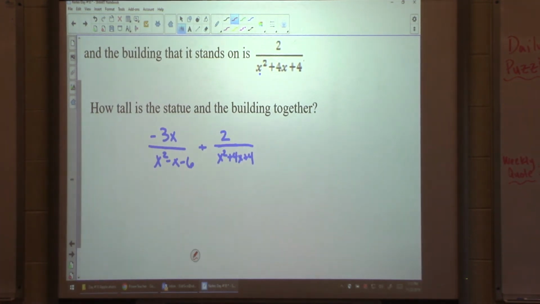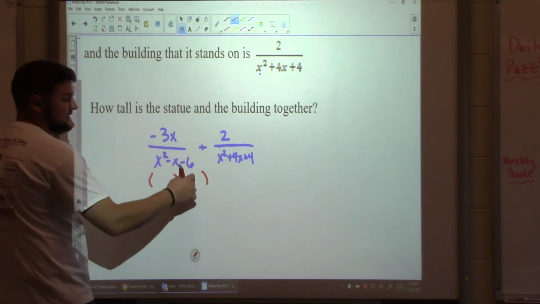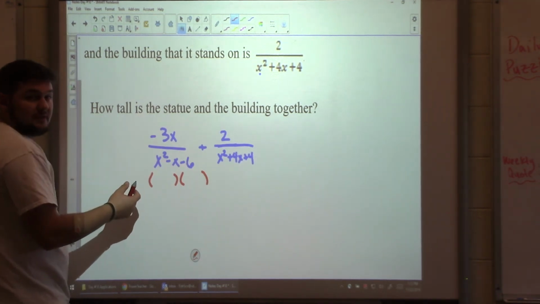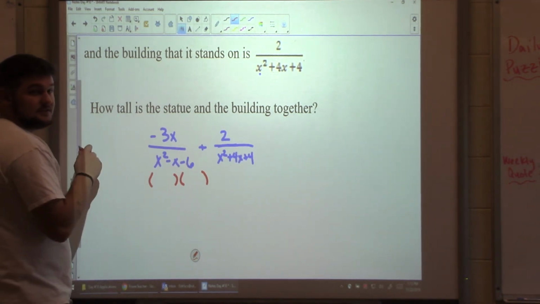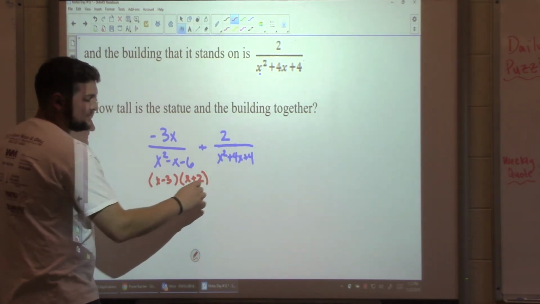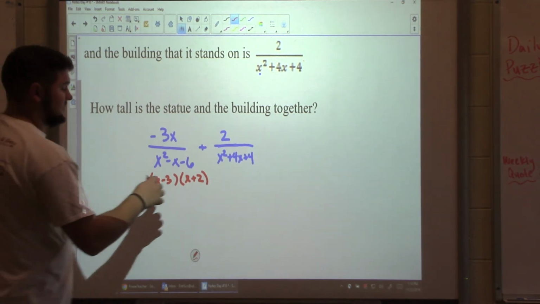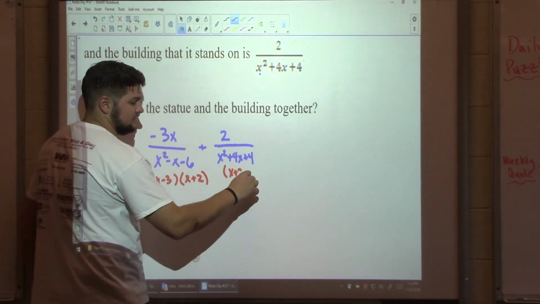No, so I'm going to factor them to see what pieces I have here. The first one multiplies to negative 6, adds to negative 1. What's it going to factor to? X minus 3, x plus 2. Good. The second one multiplies to 4, adds to 4. X plus 2, x plus 2.